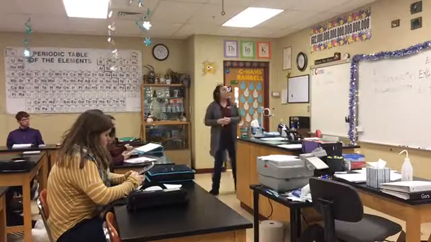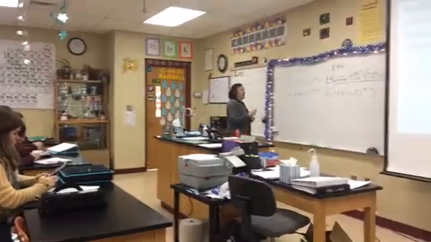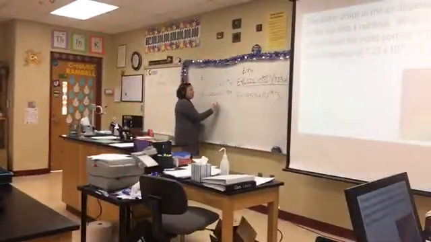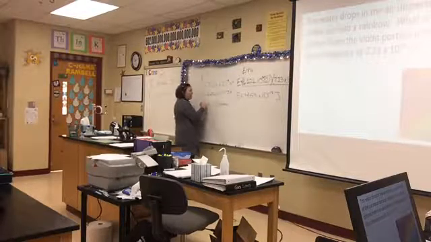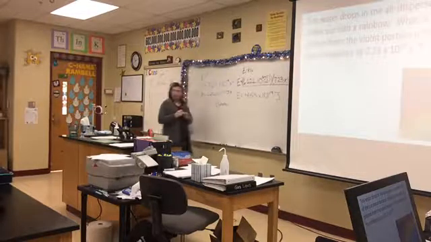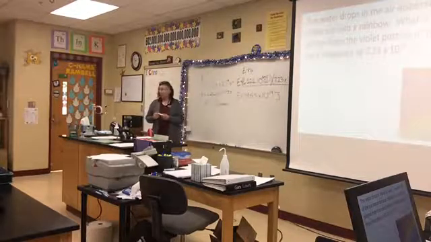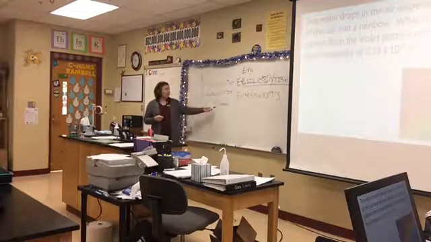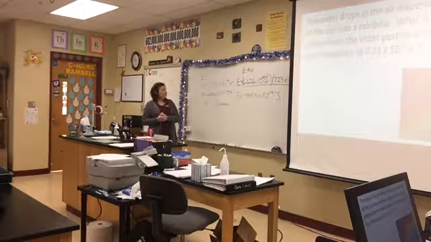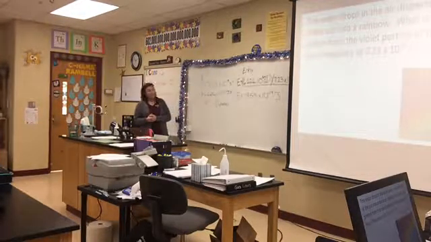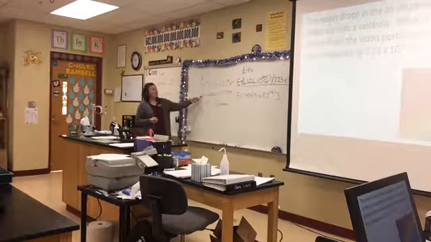Okay, good. And what if I said I had 10 photons of this violet light? How would I figure out what the energy would be for that? If I have 10 photons, what would the energy be? 10 times 6.626? No, that's Planck's constant.